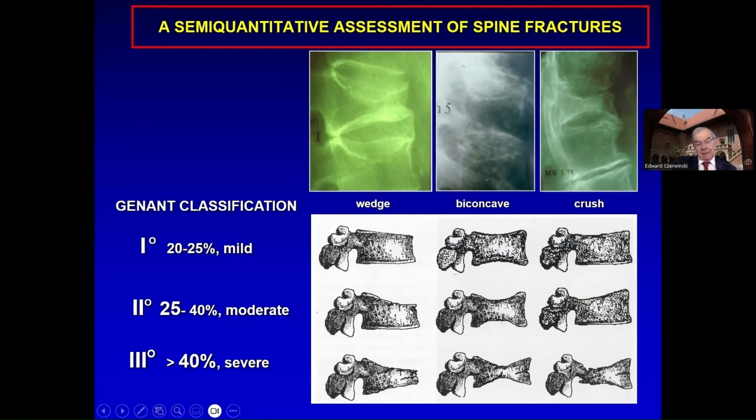As far as the shape is concerned, we have the wedge, that means the compression of the anterior column, biconcave, the medial height, and crush if the posterior wall is broken as well. The Genant classification, remember, 20, 25, and 40.